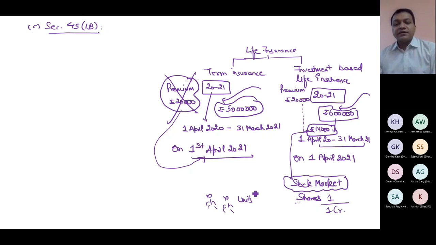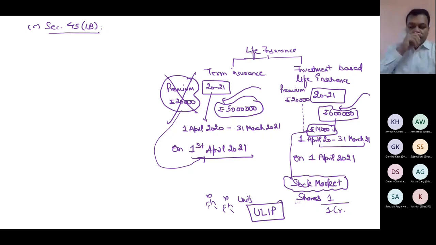And that is why so many times we have plans called unit linked insurance plans, where if you take the insurance, some amount will go to the share market, it will be invested in the share market, and you will be allotted units. Because if you want to purchase shares directly, you can directly purchase the shares. Why do you need the help of any other intermediary who will purchase shares for you?